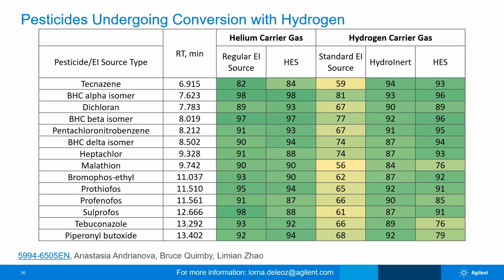With the use of the hydro-inert and HES sources, we are able to get higher library match scores compared to the standard extractor source because the undesired hydrogen reactions in the source are prevented. The overall calibration performance for the 203 pesticides revealed that over 92% of compounds are successfully quantitated at or below 10 ppb, which is the action MRL limit.